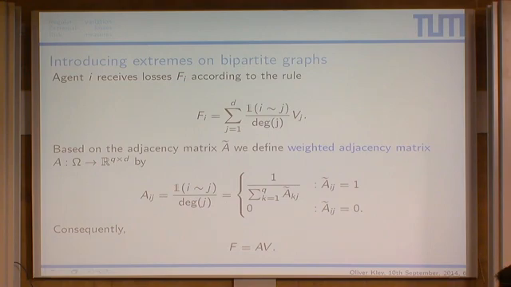And having written that, I can simply state that F, which is the vector of agent losses F_1 to F_q, is written as this matrix A, defined here, times the vector of losses of the objects. Okay, and this is quite convenient as we see in the following.